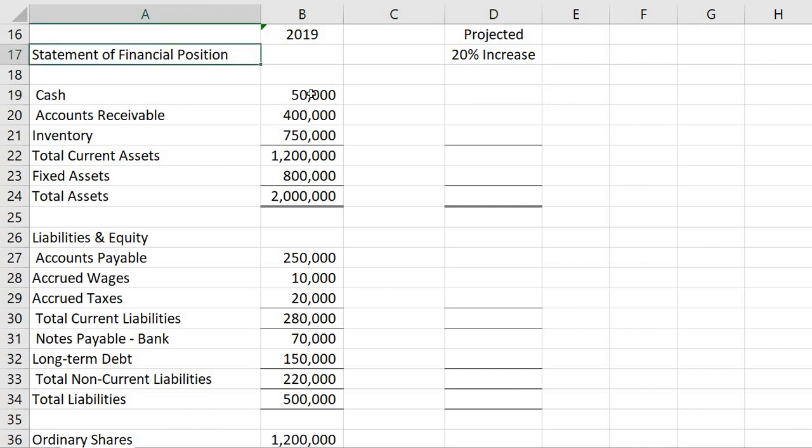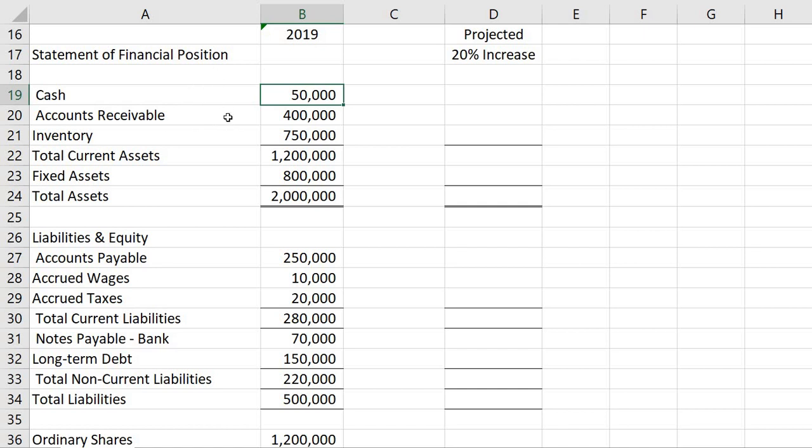What is important here is that you are able to identify which assets will spontaneously increase with your sales.